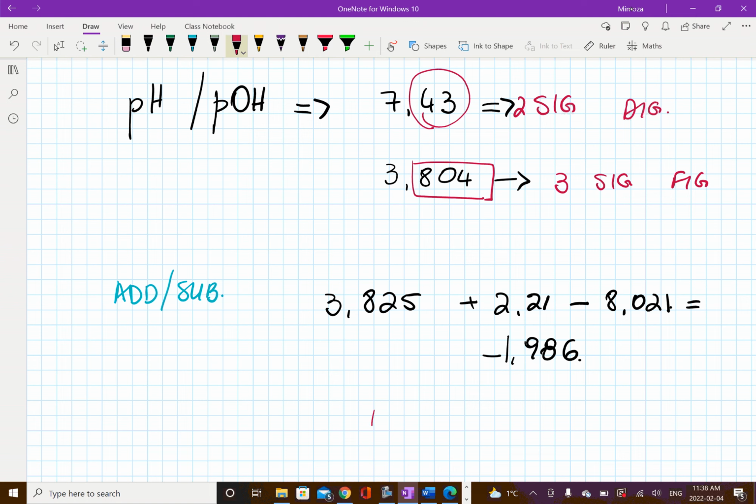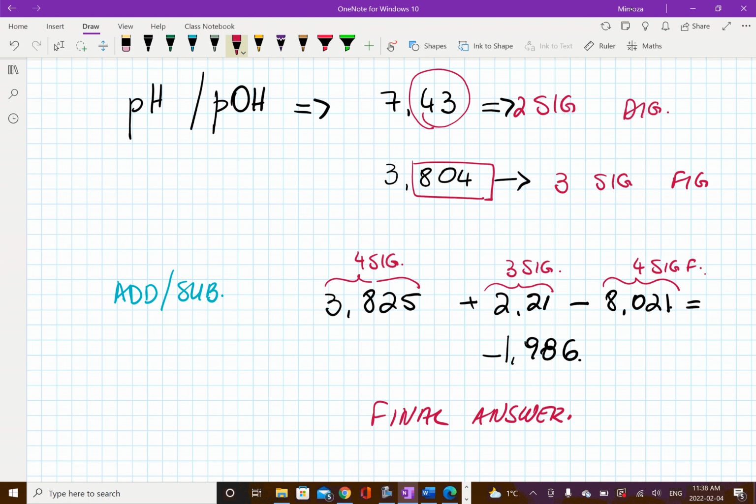However, the final answer should be recorded to the lowest number of digits after the decimal point. The first number here has 3 digits after the decimal point, this number here has 2, and this number here has 3. The number with the fewest digits after the decimal point is this one here with 2.